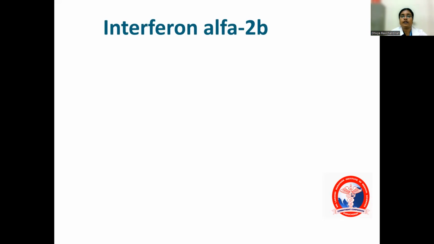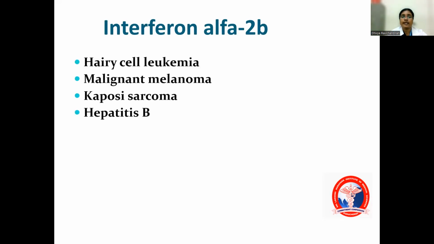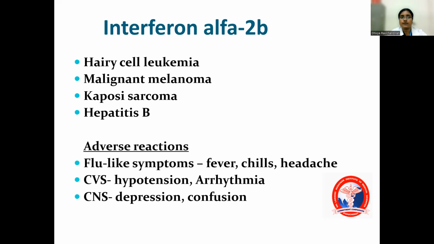Interferon alpha 2b is mainly used for hairy cell leukemia, malignant melanoma, Kaposi's sarcoma, and hepatitis B. Adverse reactions are flu-like symptoms like fever, chills, and headache, cardiovascular conditions like hypotension and arrhythmia, and CNS effects like depression and confusion.